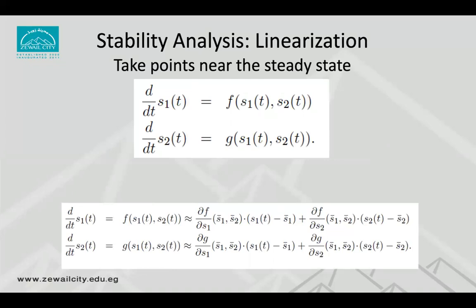So we write down our linearized equations here. Notice that in this case, where we have two variables, we could write this as a 2x2 matrix equation. We could have a vector that has S1 minus S1 bar and S2 minus S2 bar, and these four partial derivatives as the elements of our matrix.